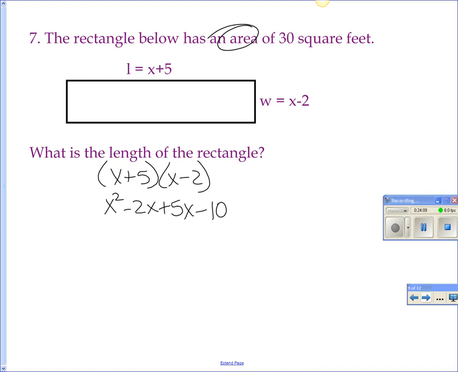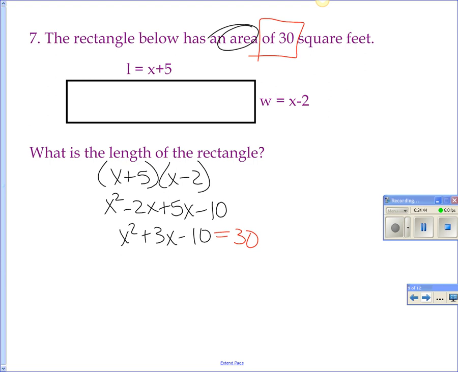Elijah, the next step. Very good. Equals 30. At the very beginning, it said the area was 30. That 30 has to come into play.